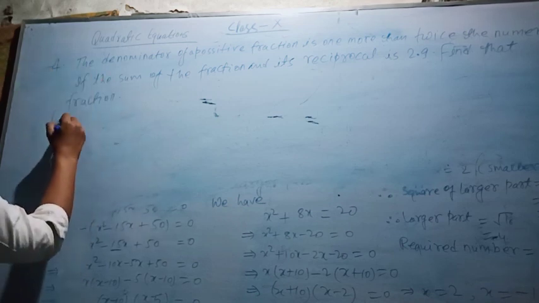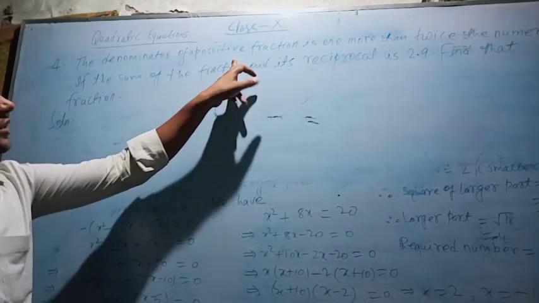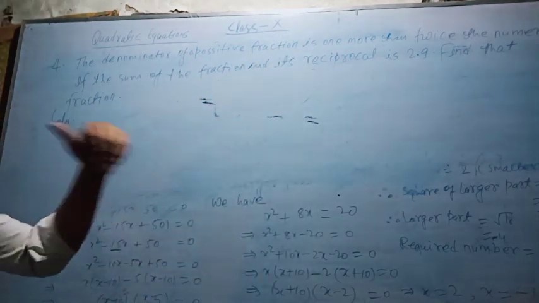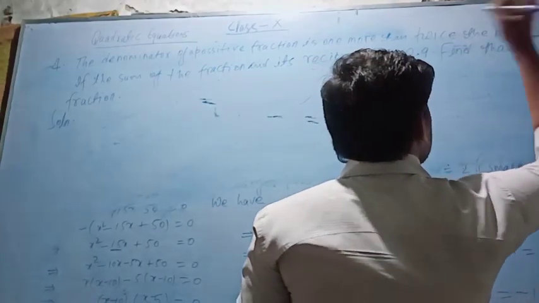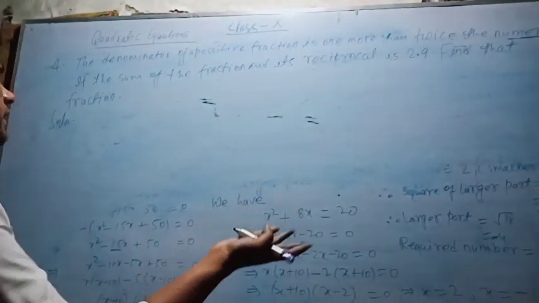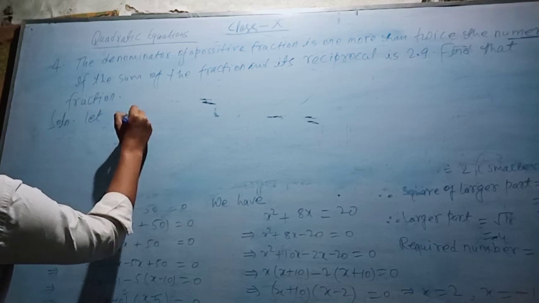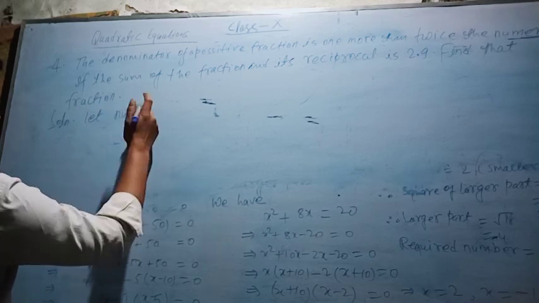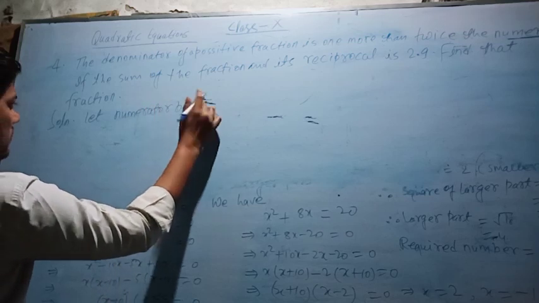Solution. Okay. The denominator of a positive fraction is one more than twice the numerator. So let the numerator be x.